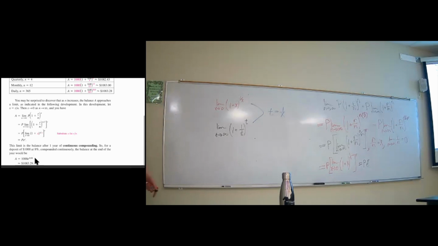But anyhow, getting back to this problem. What this is telling us is that after a year, if you have a principal amount of $1,000 compounding continuously at 8%, the amount after a year will be $1,083.29.